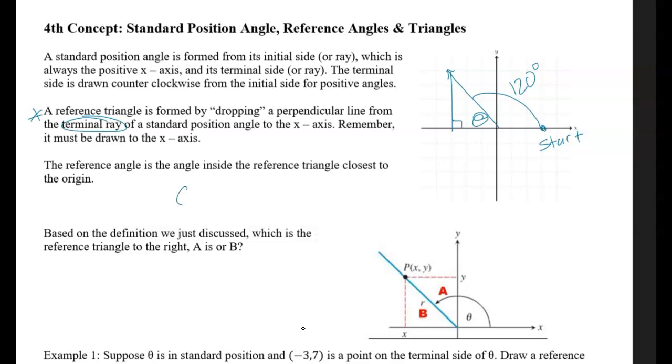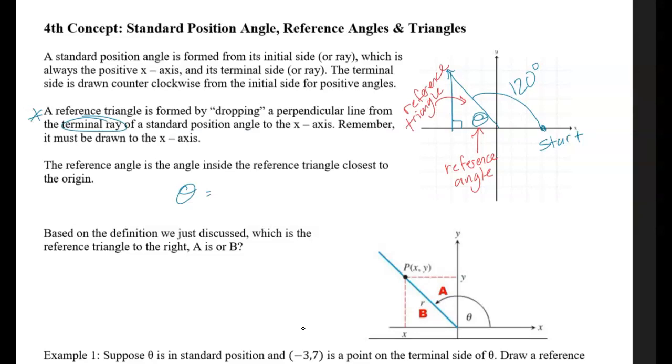Does anyone know what is the degree of our reference angle here? How many degrees?